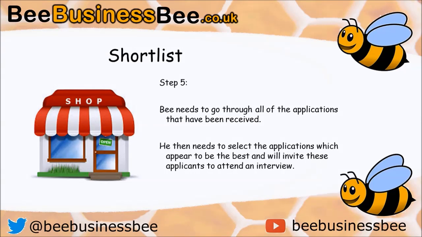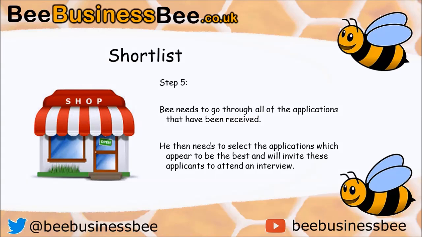Now, hopefully, Bee has had lots of applicants who apply for the job. Because Bee has had lots of applicants, he needs to shortlist. What Bee is doing at shortlisting is selecting the best applicants to invite for an interview. This is because physically it takes a lot of time to interview candidates and you don't want to be interviewing everyone.